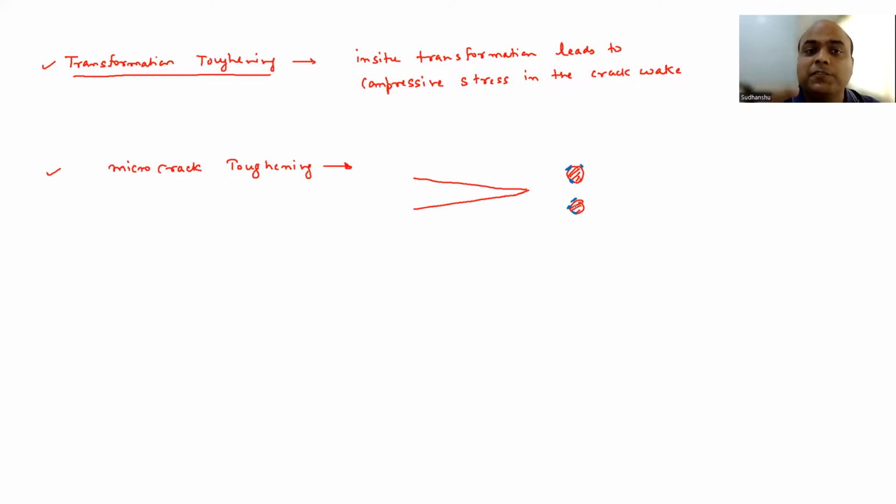The formation of these cracks by themselves is going to require some amount of energy. So you are thereby increasing the toughness. Second, as soon as the main crack reaches towards the interface, it is going to meet these micro cracks and merge, and thereby get deflected, right? That will also contribute towards the enhancement of the fracture toughness. So this is happening because of the formation of micro cracks.